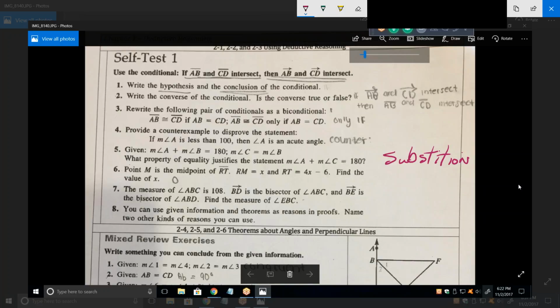If A plus B equals 180 and C is equal to B, then we're substituting C for B so that A plus C would equal 180. I don't think that is the transitive. I think that's the substitution, strictly.